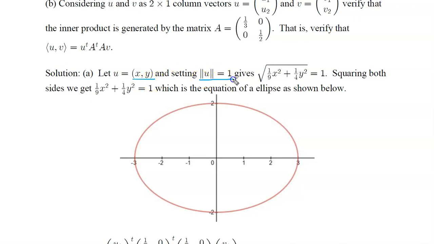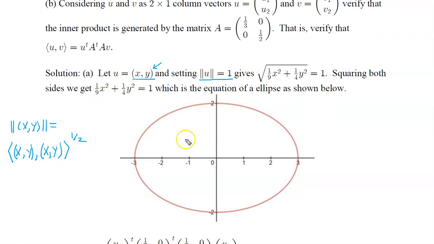And setting the norm of u equal to 1, now the norm for this, remember, is going to be 1/9 x squared plus 1/4 y squared, right? Okay, that is the norm of this vector, remember, that is (x, y) like this to the 1/2 power.